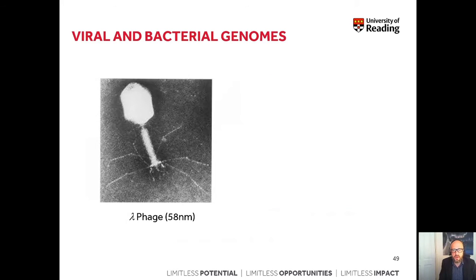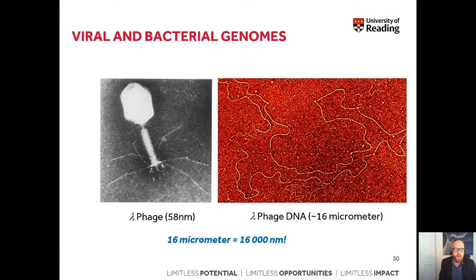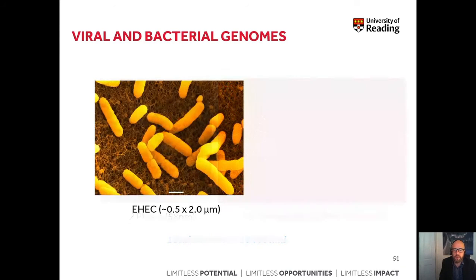In a phage, which is a slightly larger type of virus that infects bacteria, with a lambda phage having a size of 58 nanometers, the size of the genetic material is 16 micrometers. Again, this makes packaging very, very necessary.